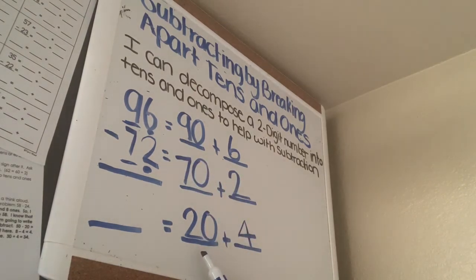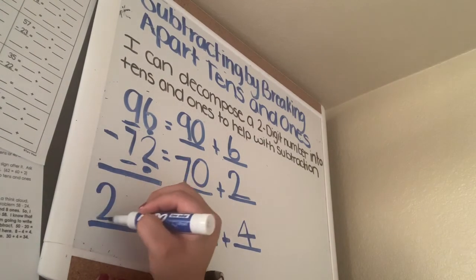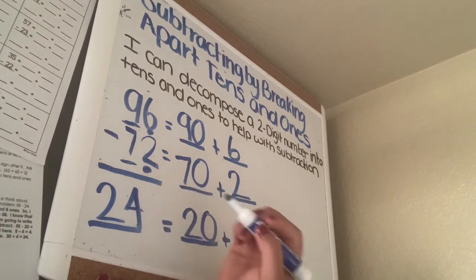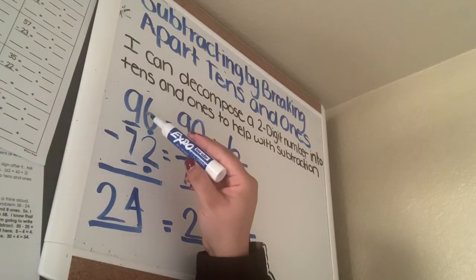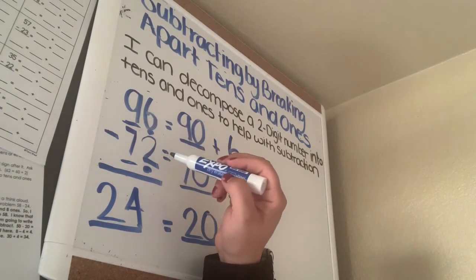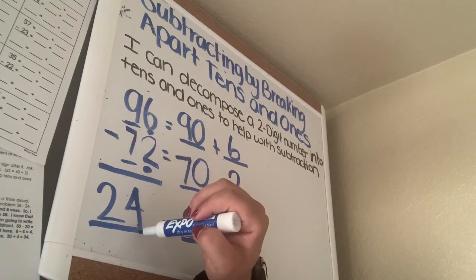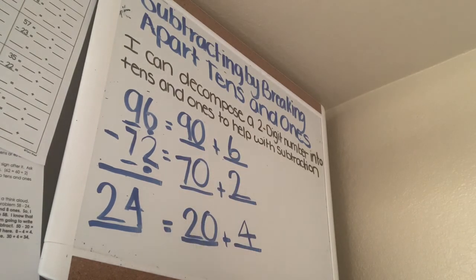So the last thing we need to do is, what's 20 plus 4? 24. 96 subtracted by 72 equals 24. You all did amazing today.